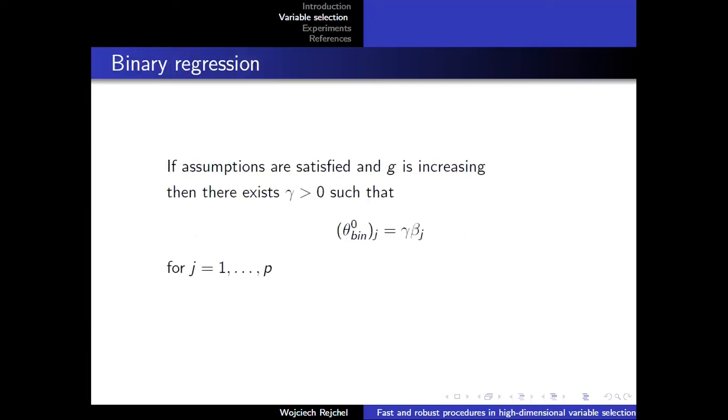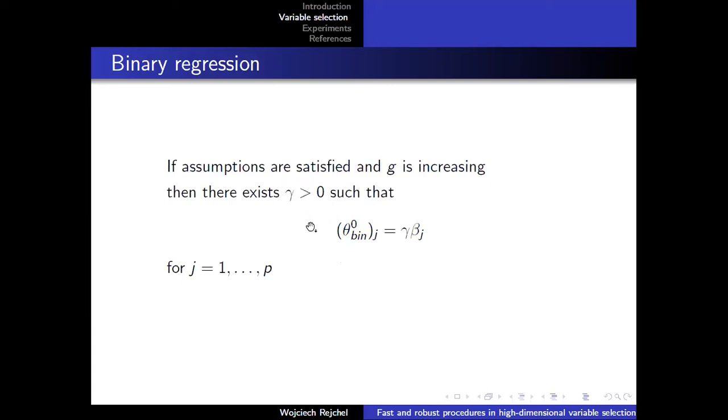Okay. So if these assumptions are satisfied, then we have the following relation. There exists some positive parameter gamma, such that on each predictor, the parameter that I estimate is proportional to the coordinate of the parameter beta, and this number is positive.